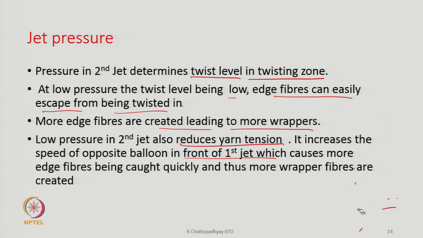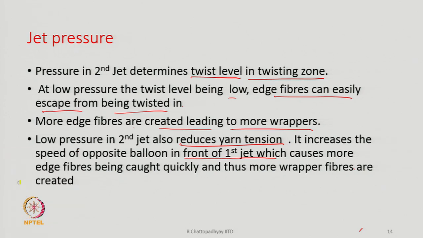So, low pressure in second jet will also reduce the yarn tension. When the tension reduces, the balloon speed increases. See, in the front of the first jet, the yarn balloon formation is there.